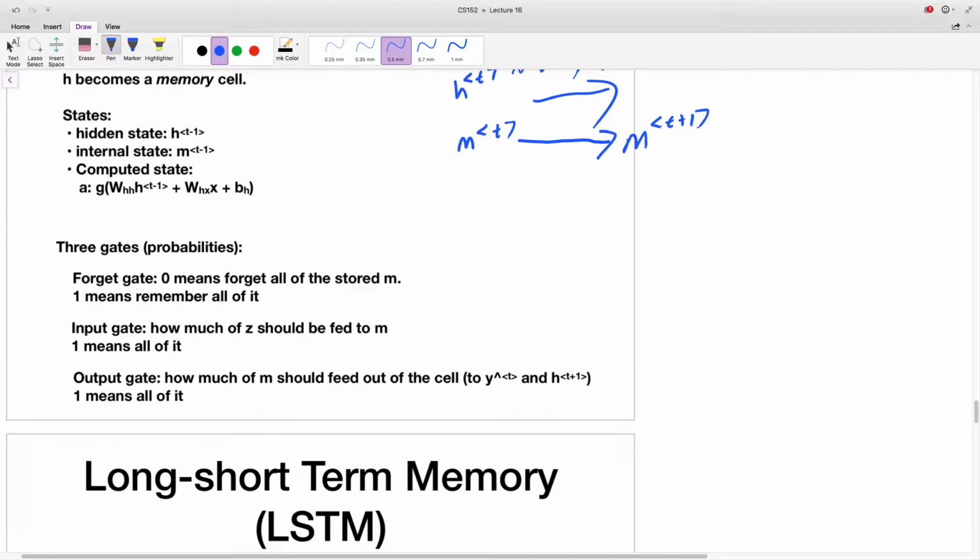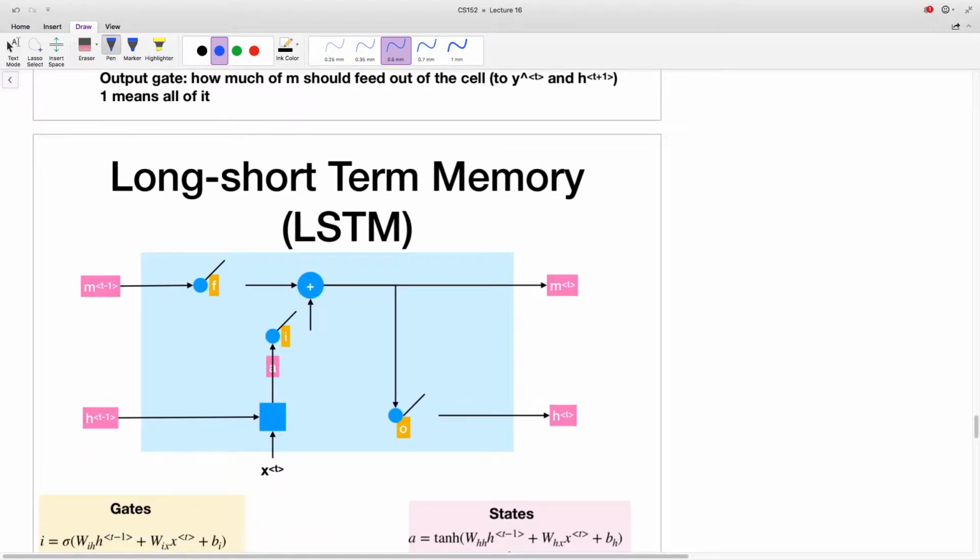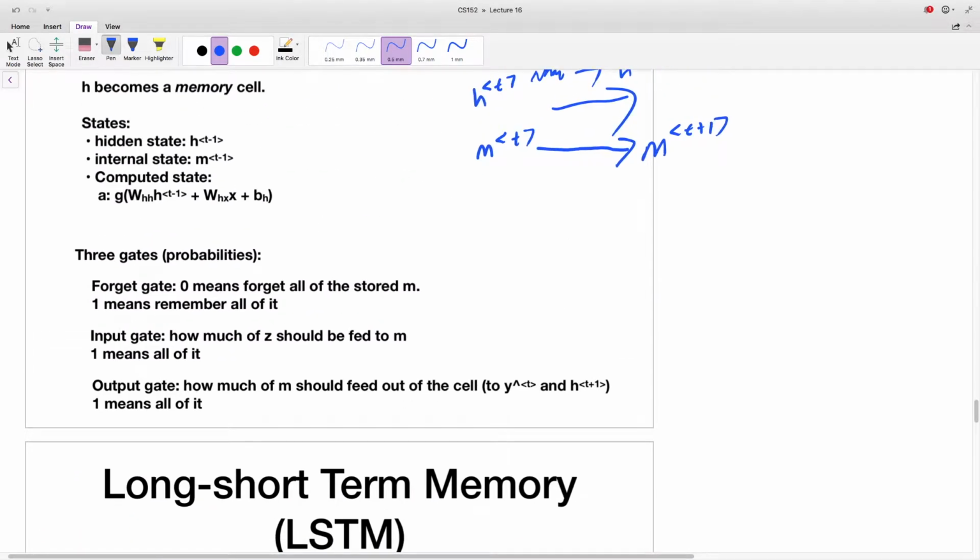The input gate says how much of a, which is our computed state here, is fed into m.